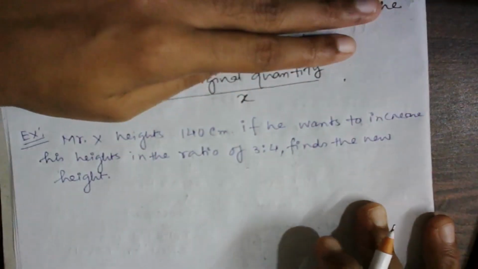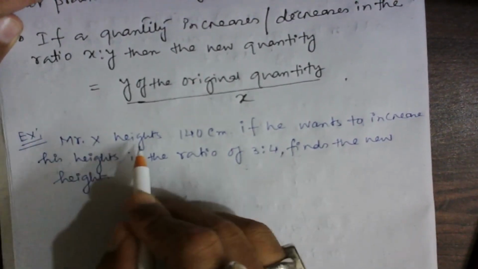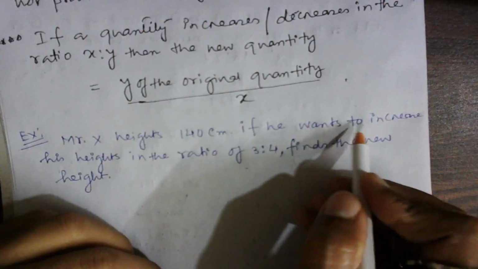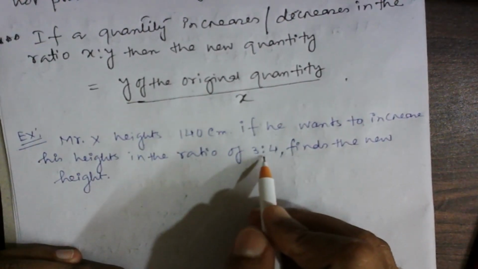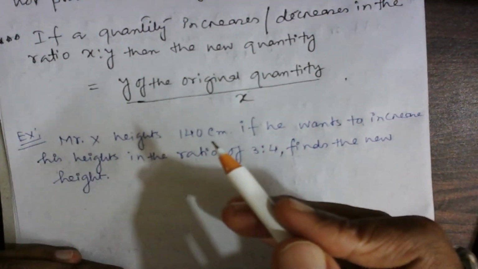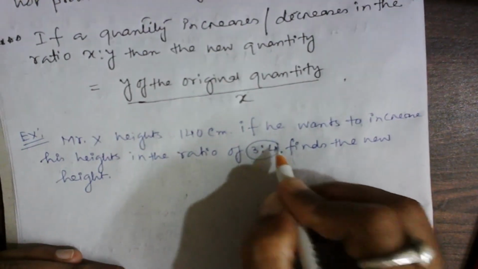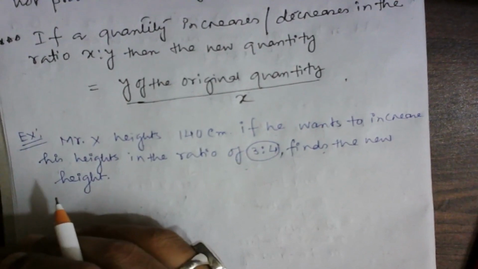Let's check what is written in the question. Mr. X has a height of 140 centimeters. If he wants to increase his height in the ratio of 3:4, he wants to change his height with respect to this ratio only. Find his new height.